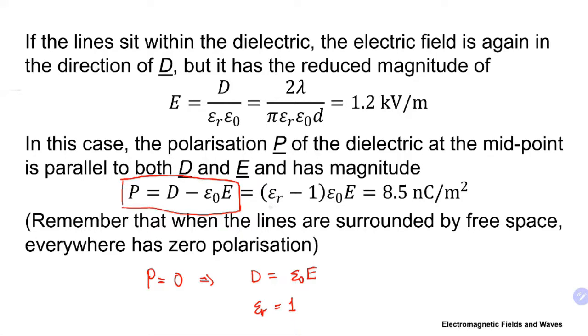So if this is 1, therefore this is equal to 0, and therefore P will be 0 if we're in free space.